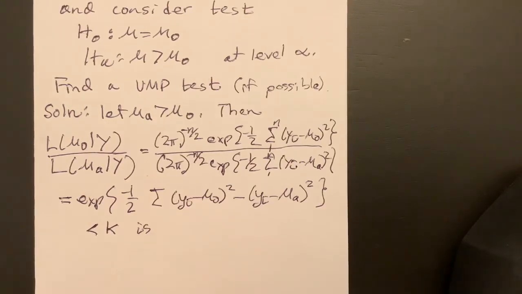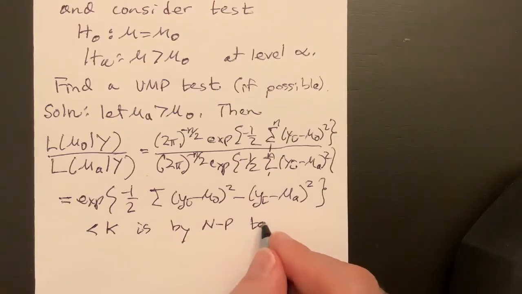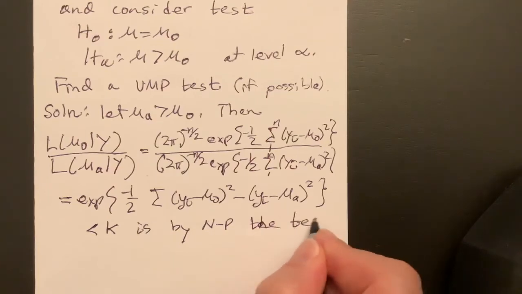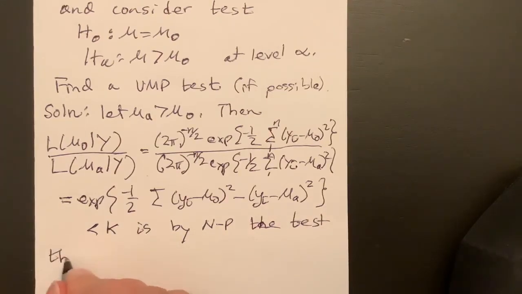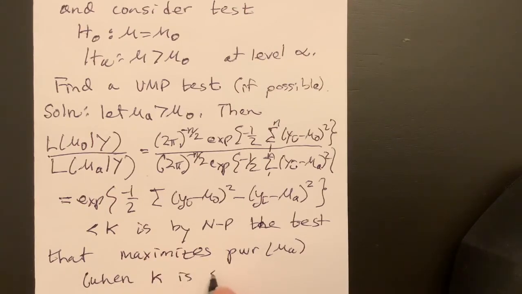This maximizes power at mu A, when k is set by alpha.